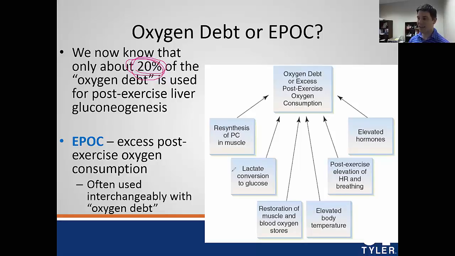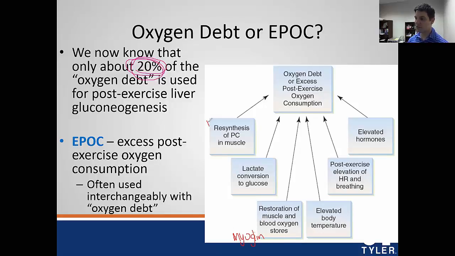We also have lactate conversion into glucose, again, gluconeogenesis in the liver, as we talked about. And then we have restoration of muscle and blood oxygen stores. So this is actually in myoglobin. So we're adding oxygen back to myoglobin, which is the oxygen carrier in muscle.